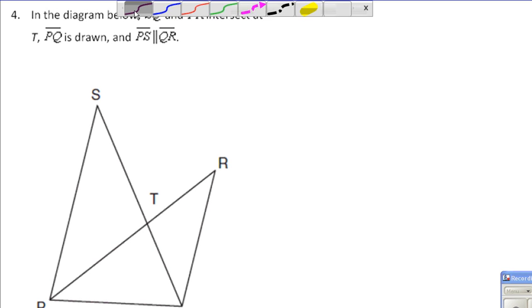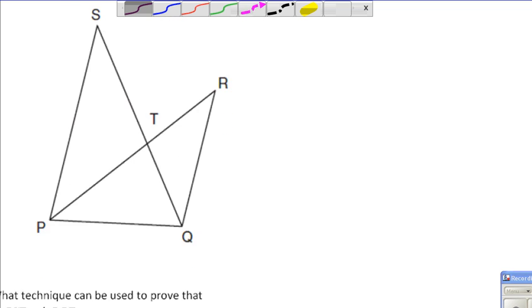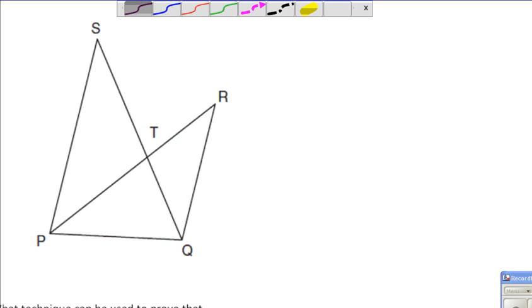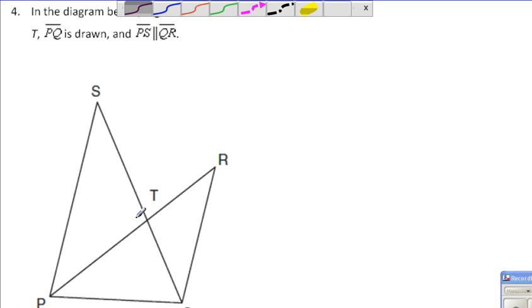So here we have the question: what technique can be used so that these two triangles PST, this side triangle and this side triangle, can be similar? Similar means we have to find maybe two pairs of the angles. That's one.